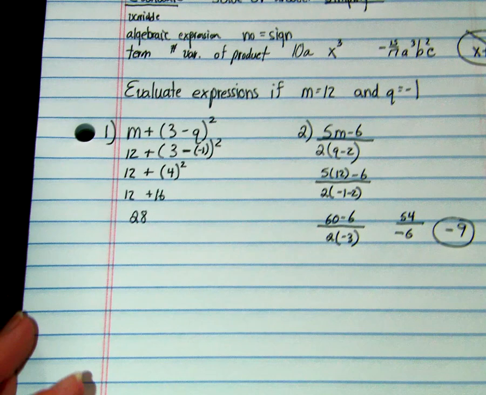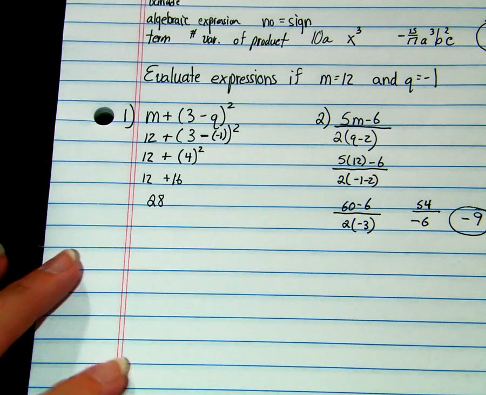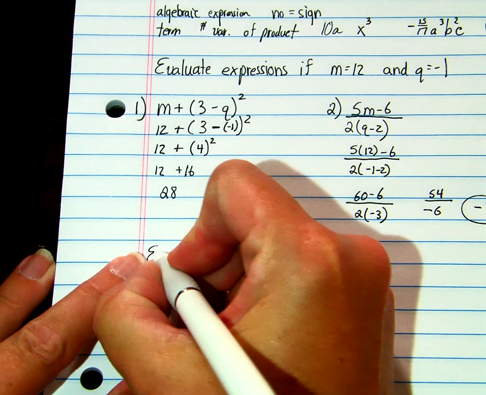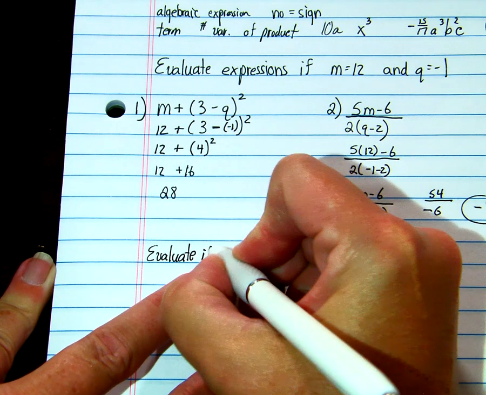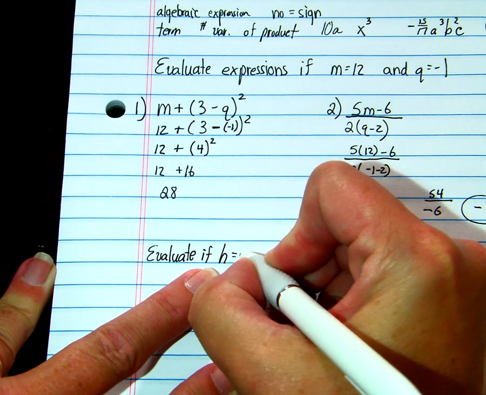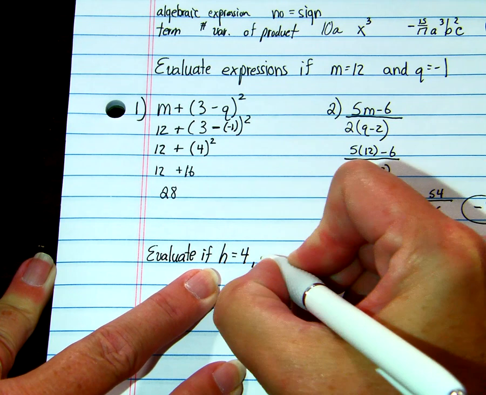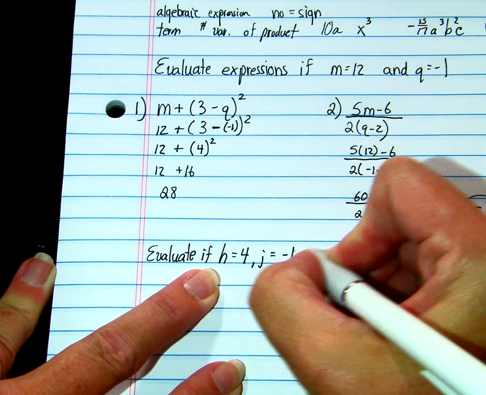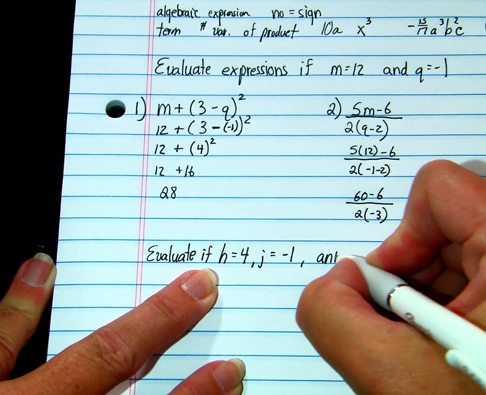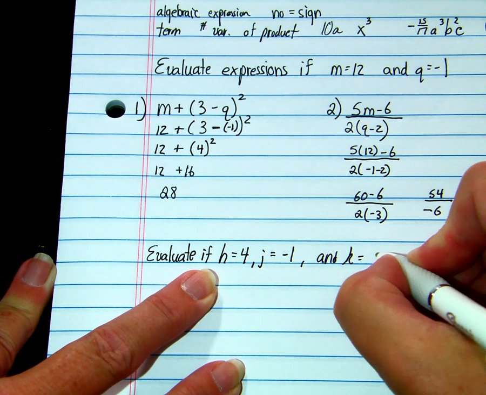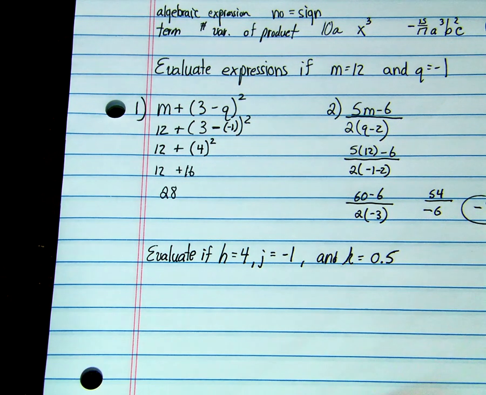This one's going to be a little bit more complicated because the numbers are a little bit more complicated. It kind of jumps up a little here. The directions are going to change. Write with me, evaluate if h equals 4, j equals -1, and k equals 0.5.